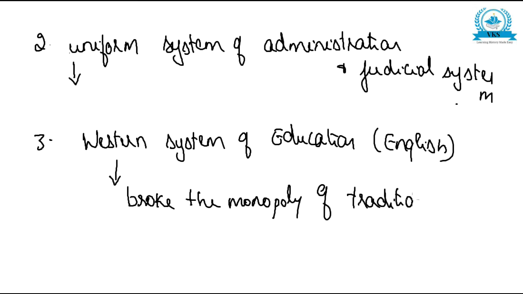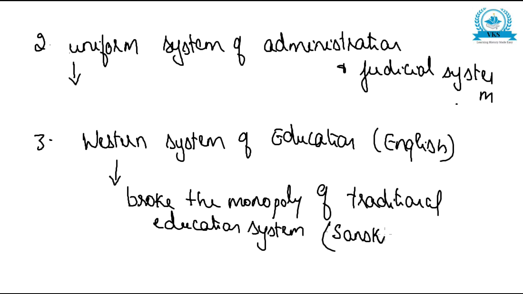The Indians had a traditional education system, and this traditional education system mainly was practiced in Sanskrit, Persian, and Arabic. But when the British introduced English education, this broke the monopoly of the traditional educational system in India.